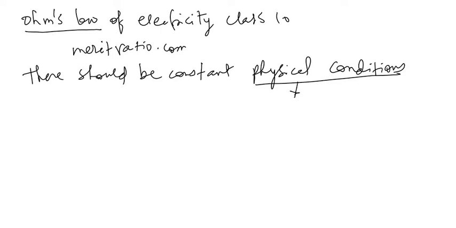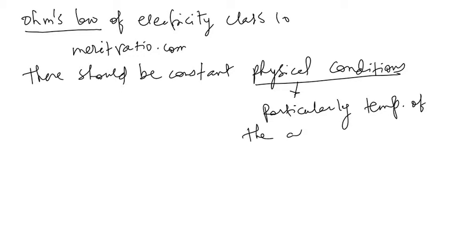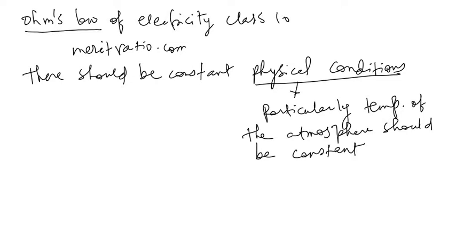Particularly, the temperature of the atmosphere should be constant. Only in this situation. This should be clear to all of you, because many students don't understand. There should be constant temperature where the experiment is going on.